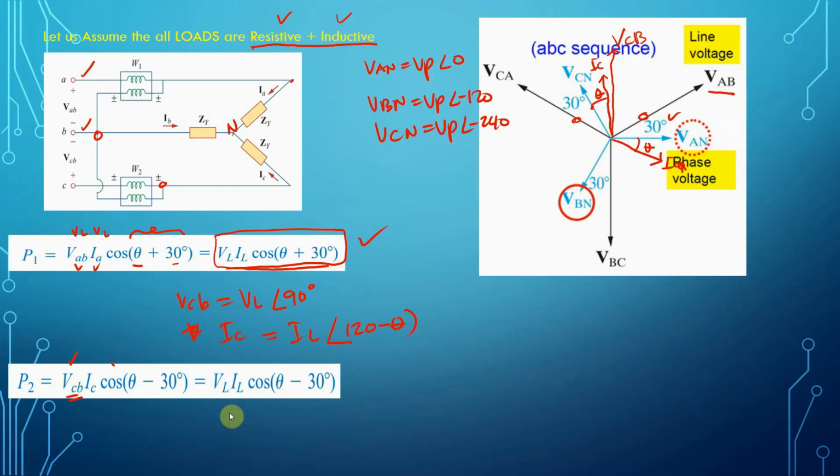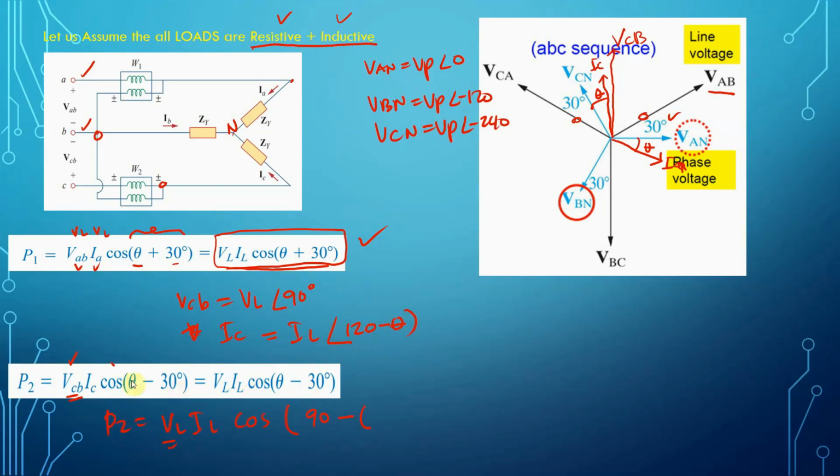Okay, let us now expand this equation. P2 is equal to VL IL, then cosine of 90, right?